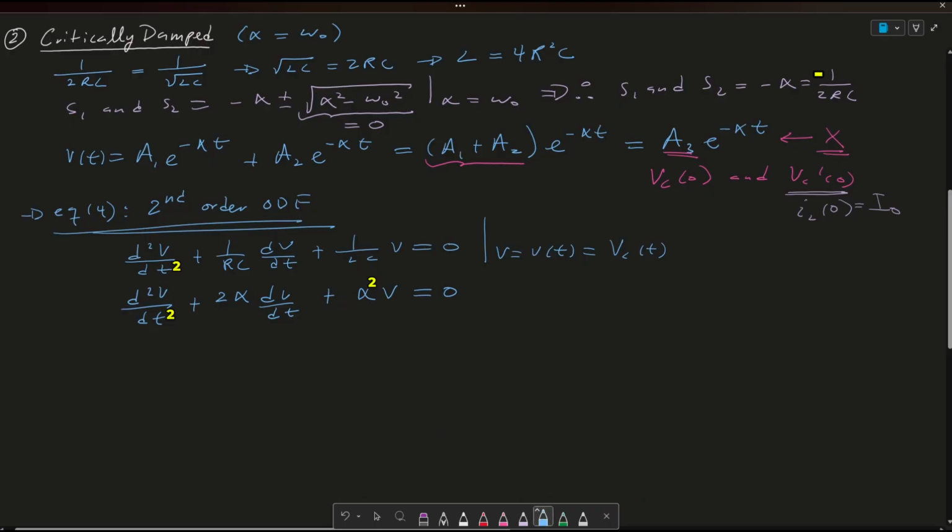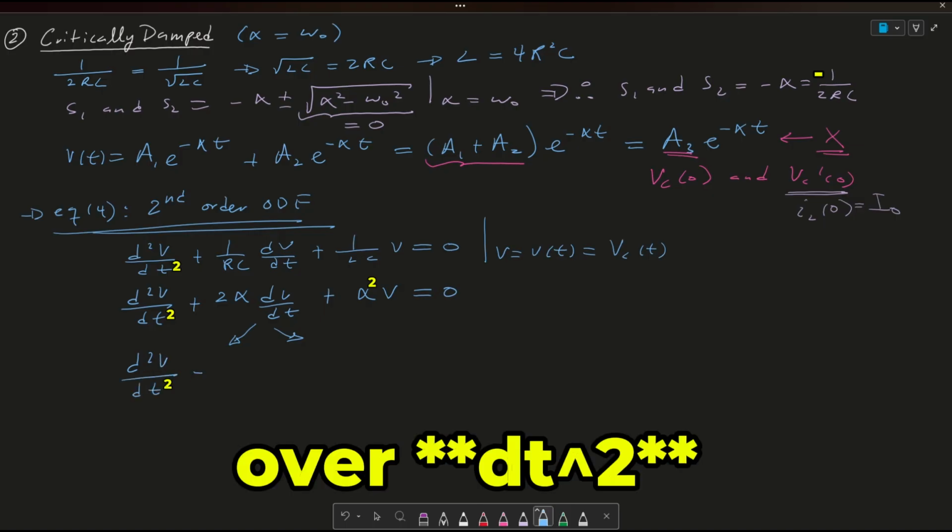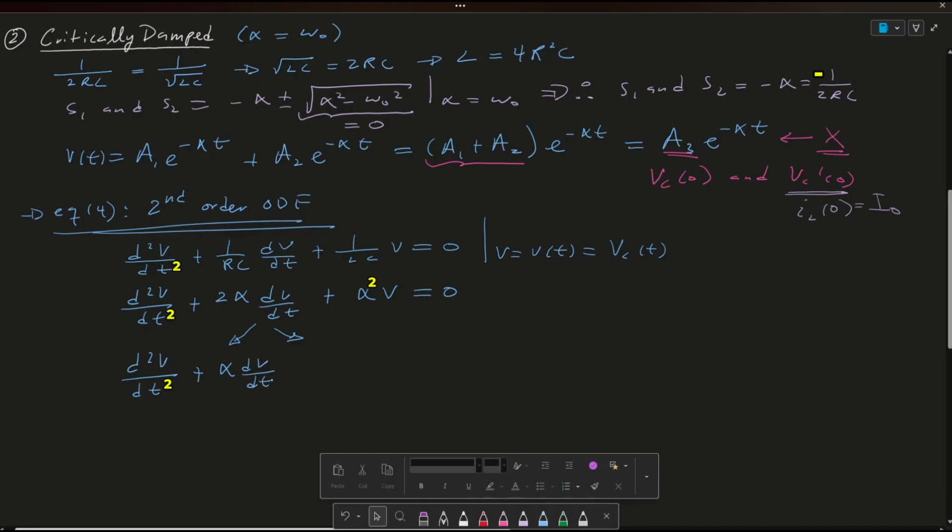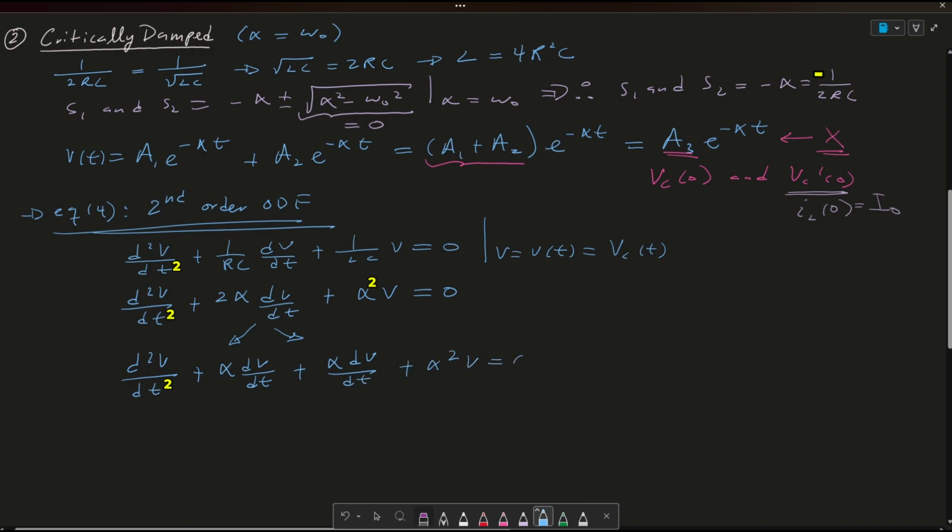In order to solve this second order ODE, let's separate this middle term and rewrite the equation. I get d squared V over dt squared plus alpha dV over dt plus alpha dV over dt plus alpha squared V is equated to 0. Something I forgot to mention, which I'll do in editing, is that there's a squared here, here, and here.